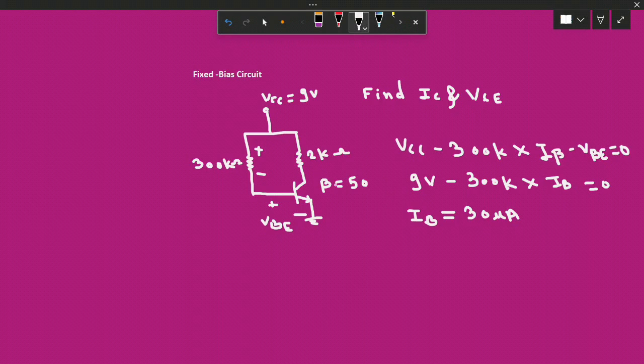Beta is given, so from this value we can find IC. So IC is nothing but beta IB.